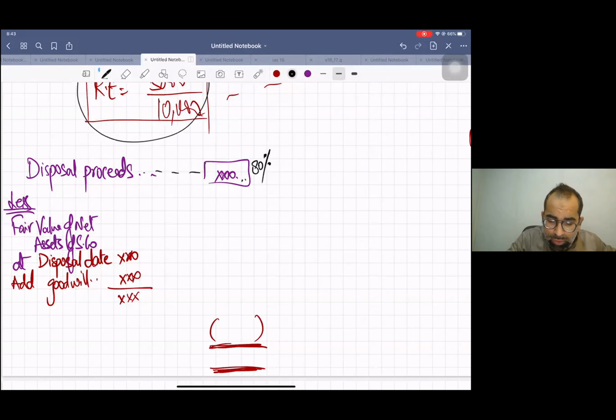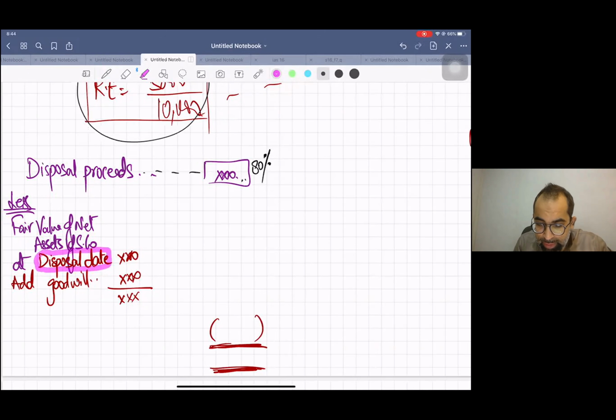Now as you sold the running business, that means all the net assets are gone. So look at me: less fair value of net assets of S company, add disposal date fair value of net assets of S company.